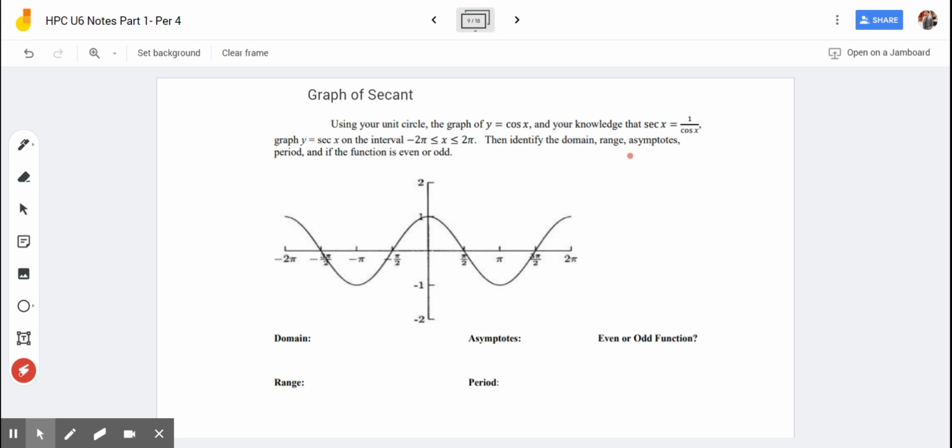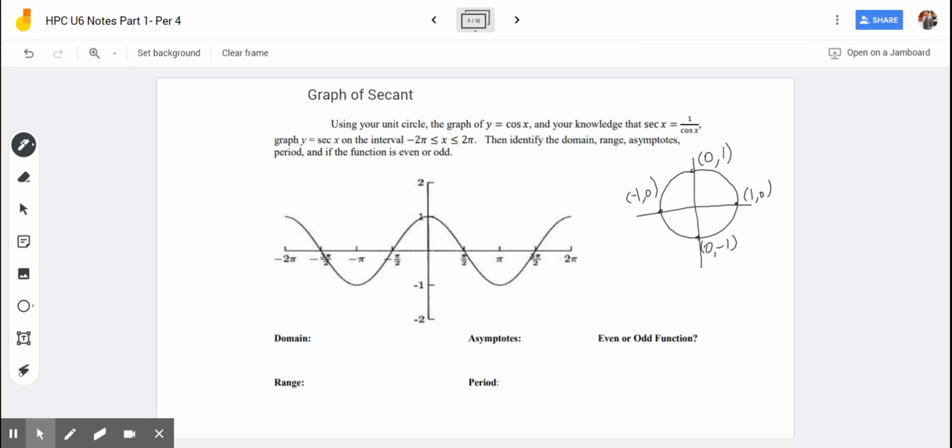Okay, so I'm just going to do a quick sketch again of unit circle values for cosine. We know 1, 0, 0, 1, negative 1, 0, 0, negative 1.